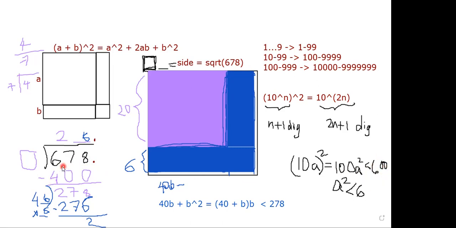So this 78 is not going to matter. So you focus only on the 100, how many hundreds are there, and then you try to find the square root. Is that clear? Yes. And once you get that, then obviously you get something to put in here.